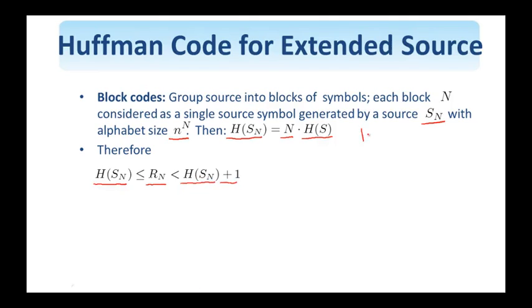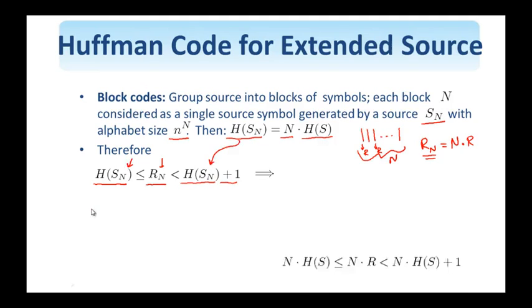Now if I consider here a block that has n original symbols, and each symbol is represented by r, that's the rate per original symbol, then since there are n symbols altogether, r of n is equal to n times r. So if in this expression I substitute r of n and substitute H of S of n here and here, then I obtain this expression.